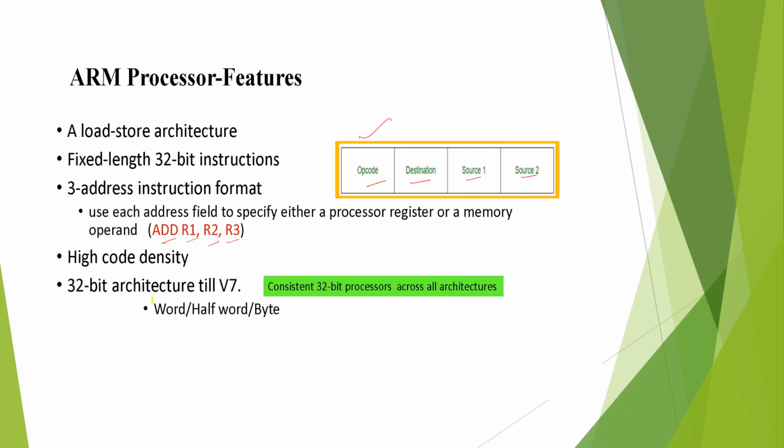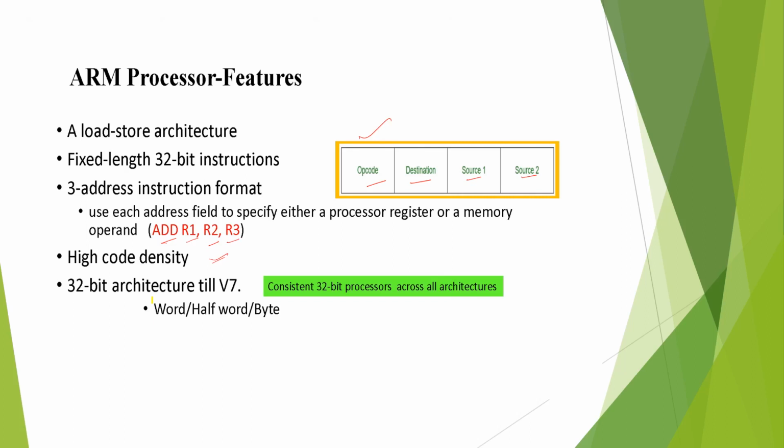The next feature is high code density. That means with minimum code, we are going to have faster and accurate results. So that is why it is called high code density.